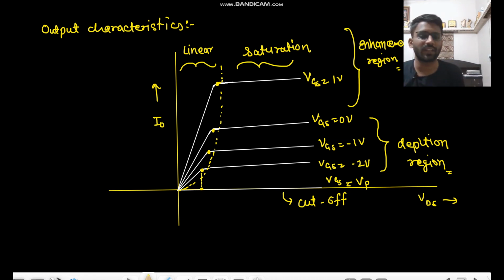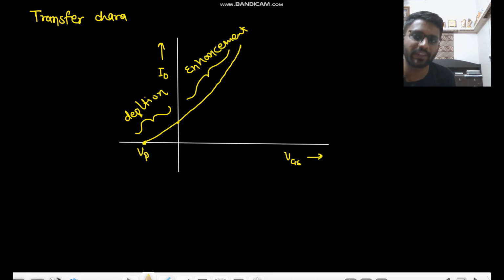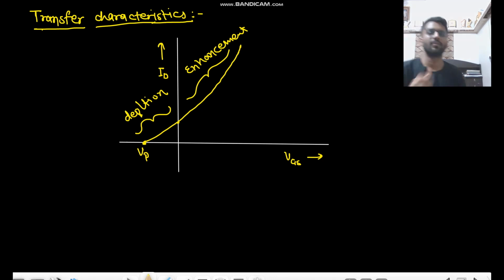So this was the output characteristics, and this is ID versus VGS. We can call it the transfer characteristics. ID is the output current and VGS is the input voltage. So this is the transfer characteristic, ID versus VGS.